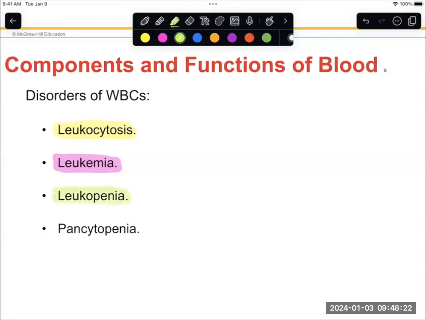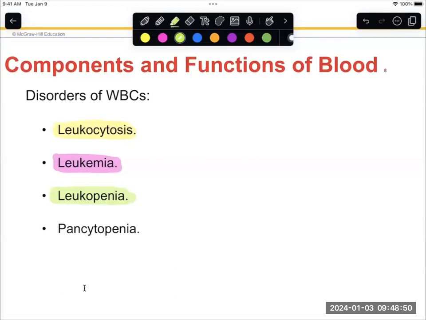Leukopenia. Leukopenia is when we have a significant drop in white blood cells. Leukopenia is associated with different viral infections like measles, mumps, chickenpox, polio, and AIDS.